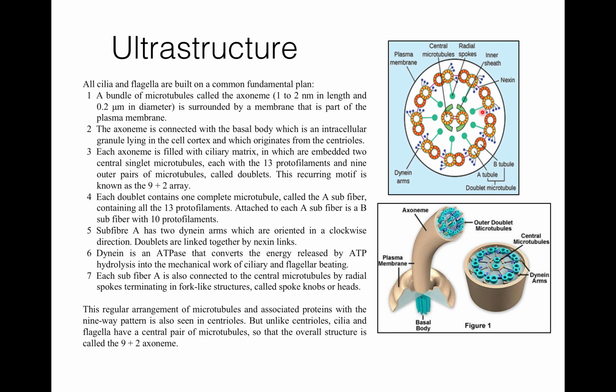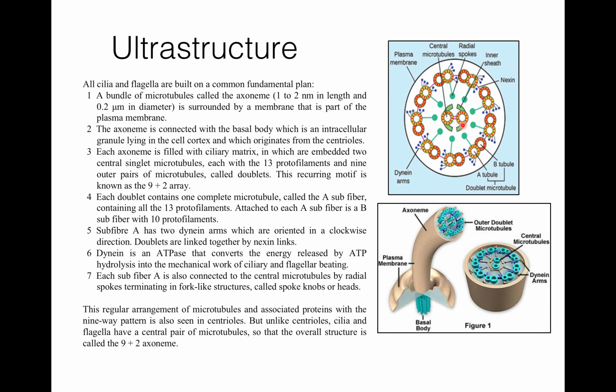All the peripheral doublets are interconnected by interdoublet links, that is the BA link. During ciliary or flagellar beating, spoke heads are connected to the central sheath of the central microtubules, so there is coordination between the central and the peripheral microtubules.